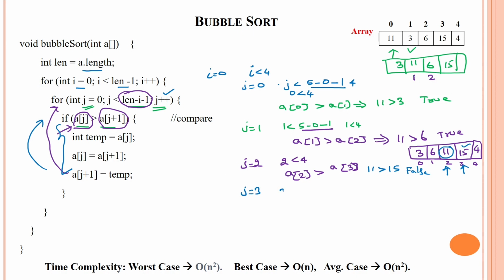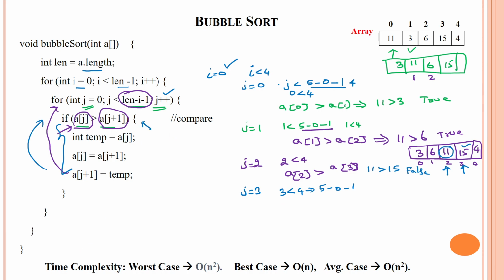So now 3 less than 4. Length minus i: this 4 came from length 5 minus i, whose value is still 0, minus 1. So that is 4, right? So now this is true. When it is true, we will check the if condition.